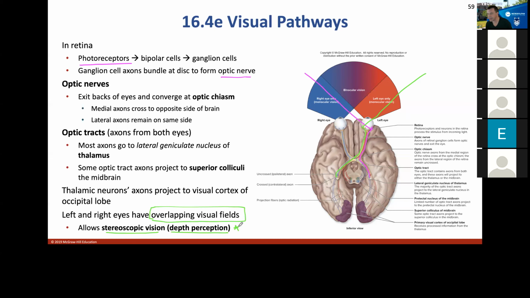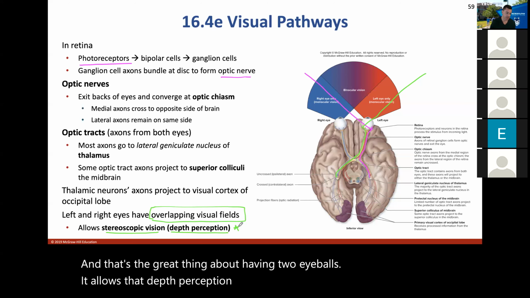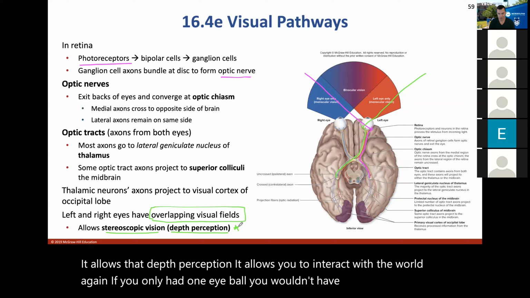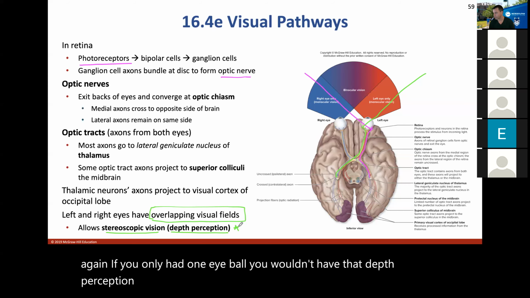And that's the great thing about having two eyeballs, okay? It allows that depth perception. It allows you to interact with the world, okay? Again, if you only had one eyeball, you wouldn't have that depth perception, okay? And your ability to interact with the world would be very diminished.